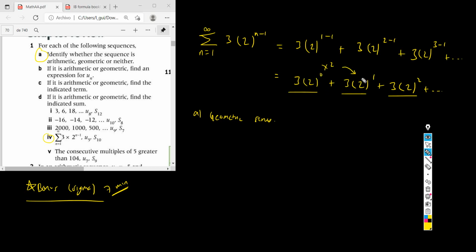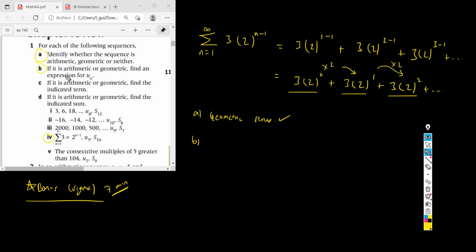Make sure, please. And then if you multiply this by 2, you're going to be getting this, right? This times 2 is going to be equal to 3 times 2 to the 2, as you can see. So it's a geometric series. Okay, perfect. So that's it for the first question.